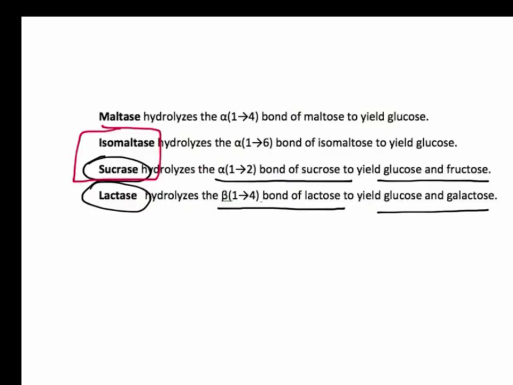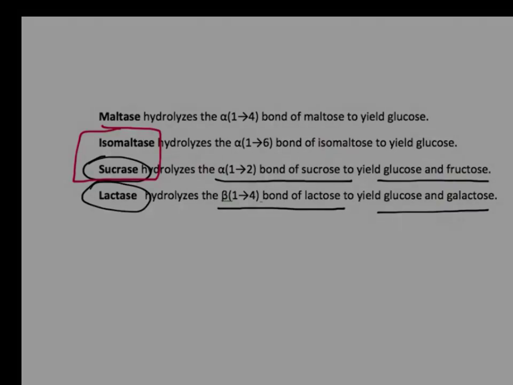So in many of us who have an insufficiency of lactase, we have difficulty digesting the lactose that's in milk and dairy products. And this results in digestive problems, gas, bloating, diarrhea, when the lactose makes its way down into the large intestines and gets worked on by bacteria down there.